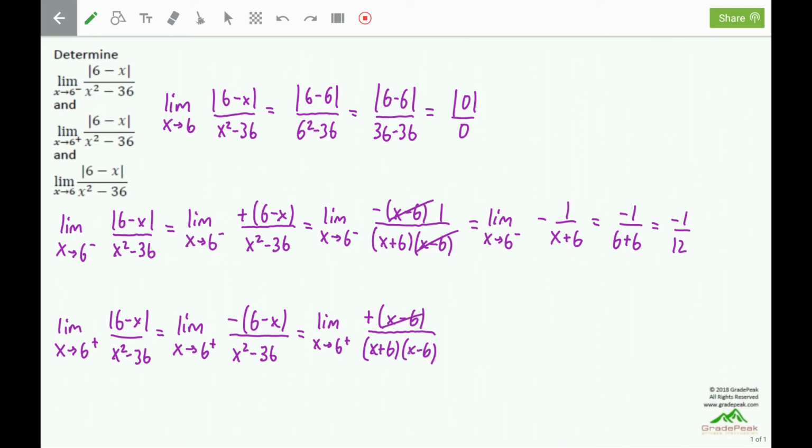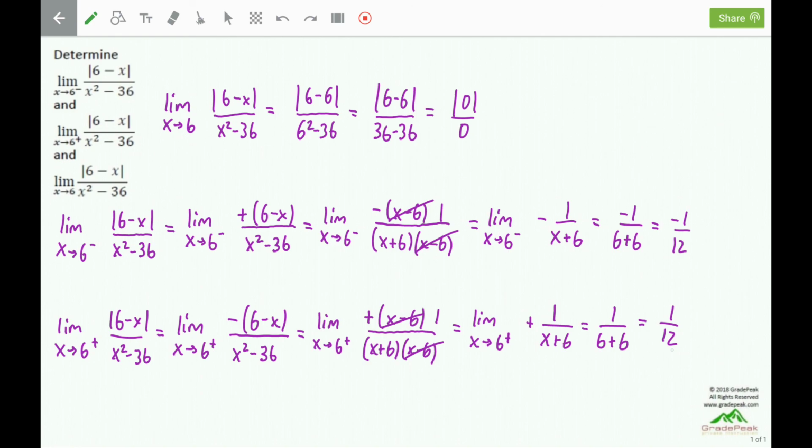The x minus 6's can cancel each other out, leaving a positive 1 in the numerator. So we have the limit as x approaches 6 from the right side of a positive 1 over x plus 6. And we can now try plugging the 6 in for the remaining x's, since we'll no longer have the 0 over 0 indeterminate form. We end up with 1 over 6 plus 6, or 1 over 12.